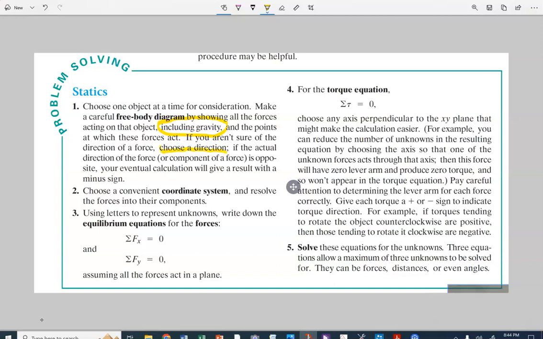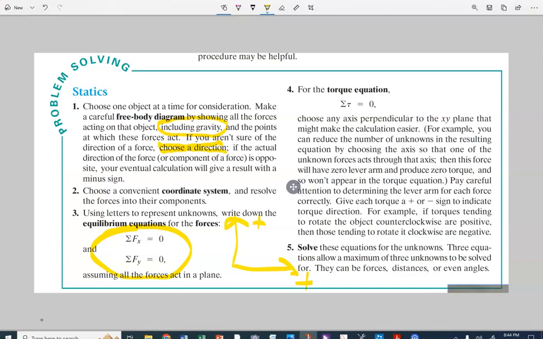Choose a direction. Now, when we choose a direction, we need to establish a frame of reference. For us, when we do forces in 2 dimensions, we'll do positive to the right and positive up. So hold to that frame of reference.